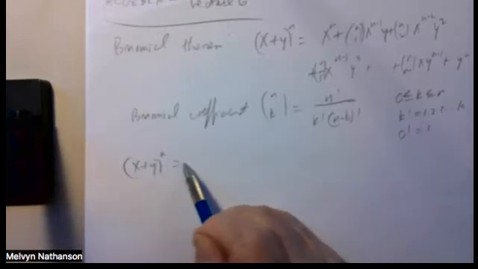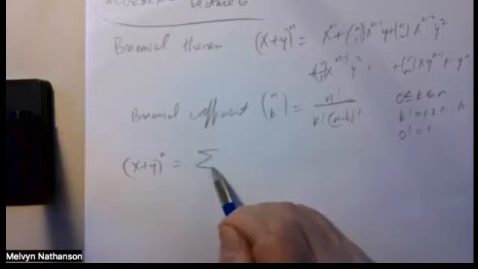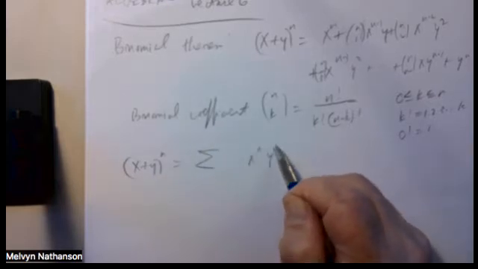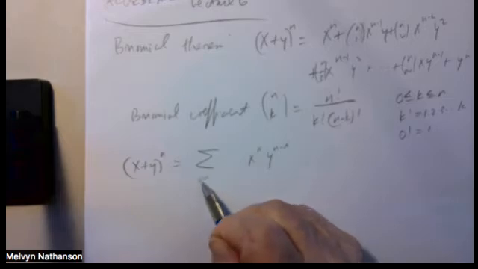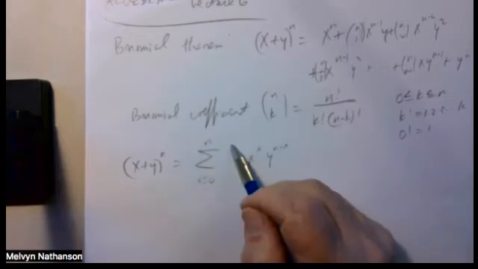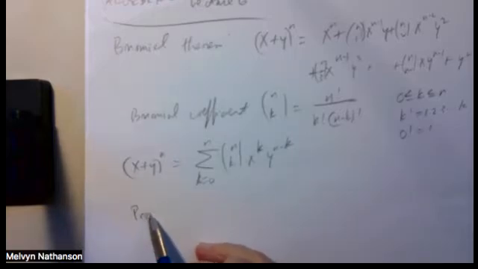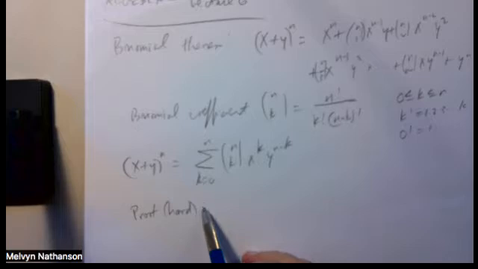So the binomial theorem says that x plus y to the n is a sum, x to the k, y to the n minus k, as k goes from 0 up to n, and the coefficient is this binomial coefficient n choose k. And the proof, which is a little bit hard, is by mathematical induction.